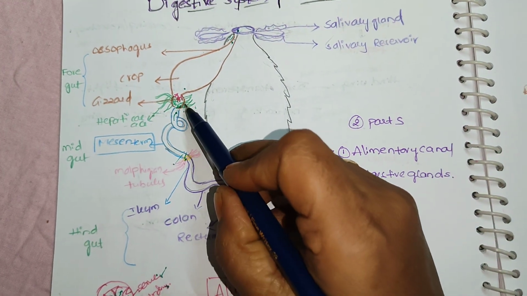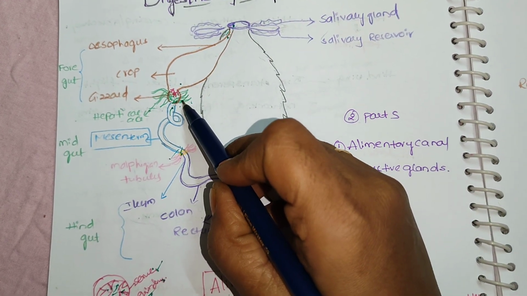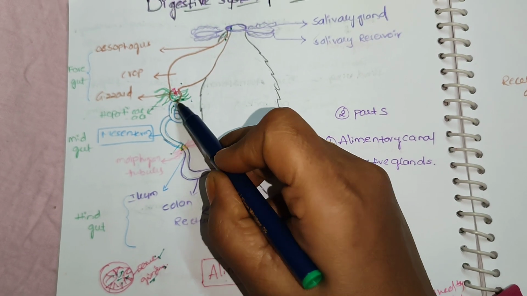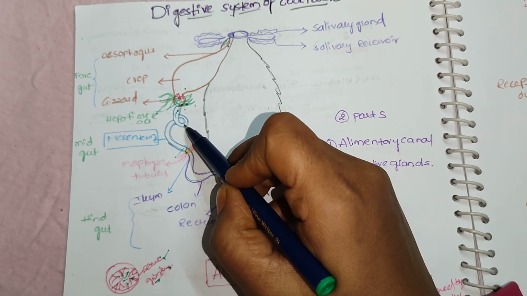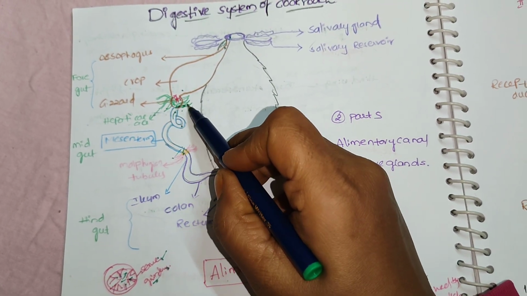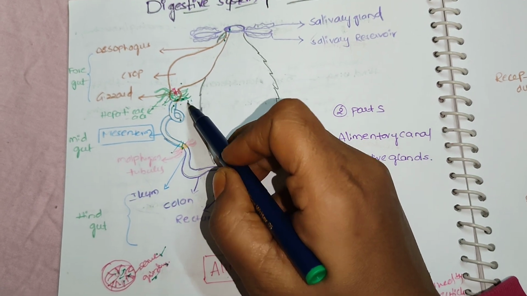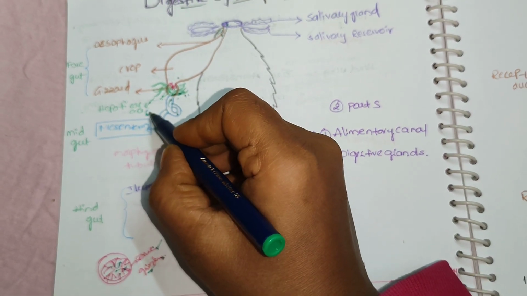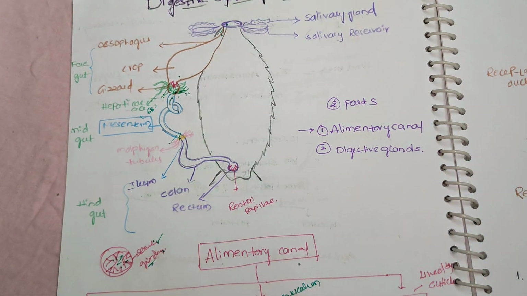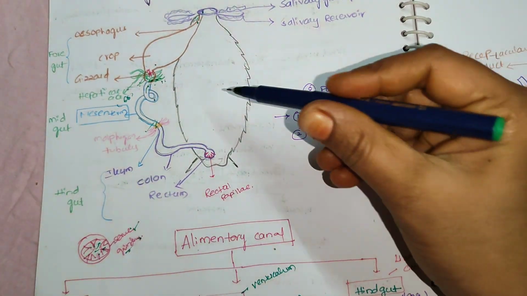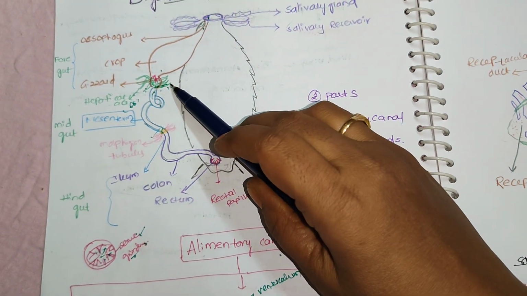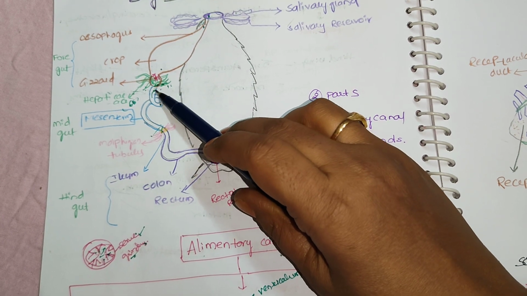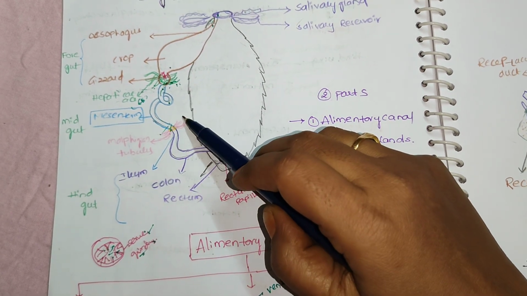One more important structure is at the junction of gizzard and midgut. These are hepatic caecae; 6 to 8 hepatic caecae are present. Their secretions are useful for digestion.